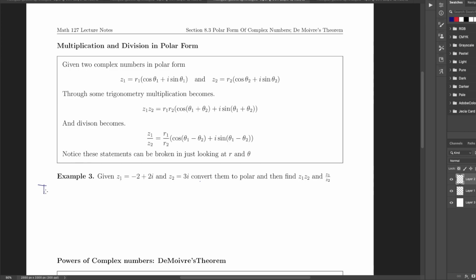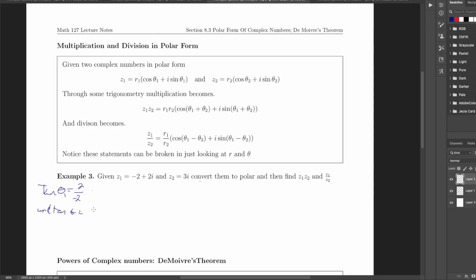So here we have tangent of theta 1 is equal to 2 over minus 2. Notice since this is negative, when I take the arctangent, I'm going to get minus pi over 4. Then I'm going to add pi to it. Let me write out all these steps for you.